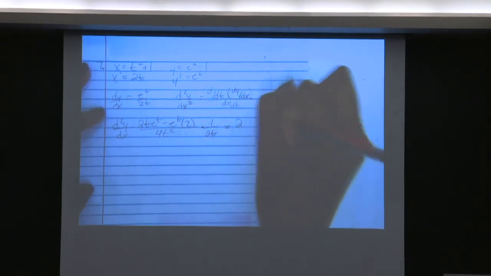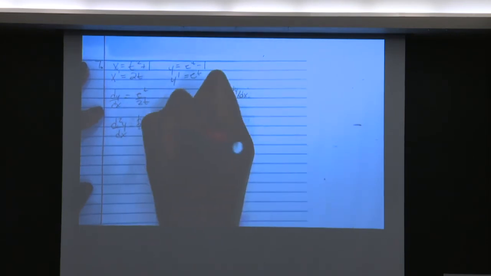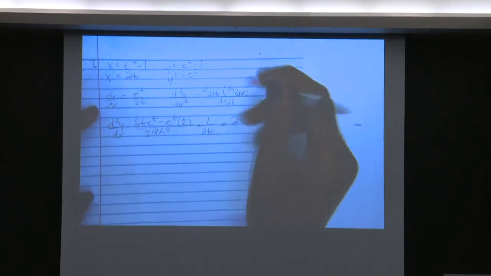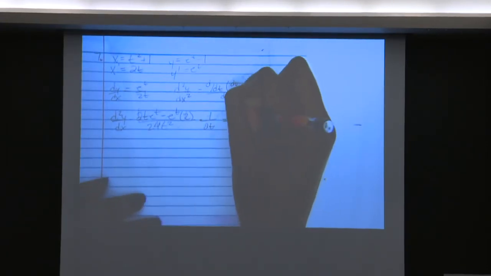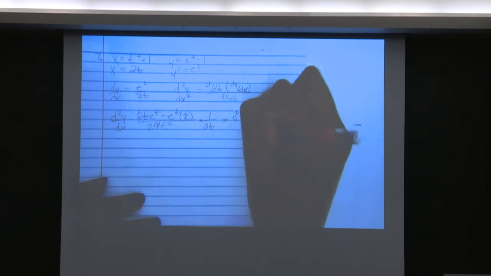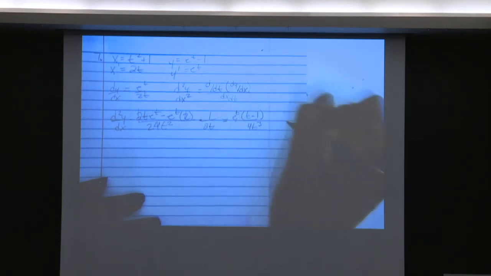So now these 2 cancel out, and that gives me a 2 at the bottom. I have e^t times t minus 1 over 4t cubed.